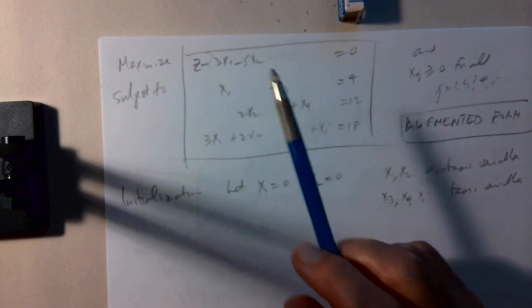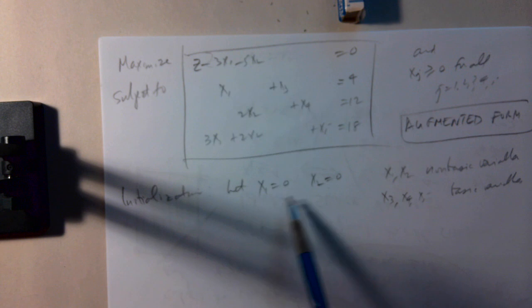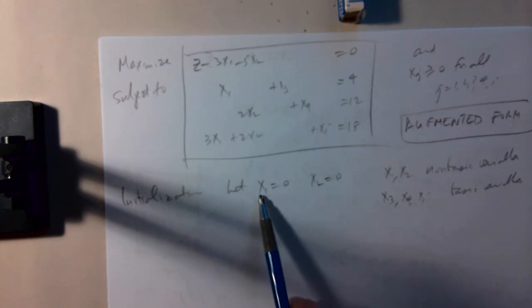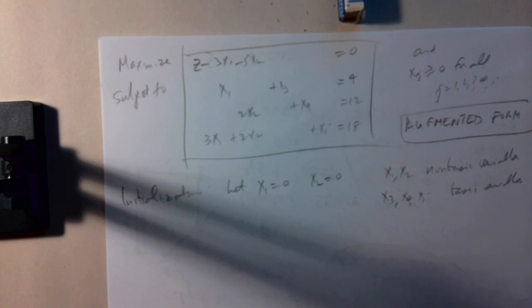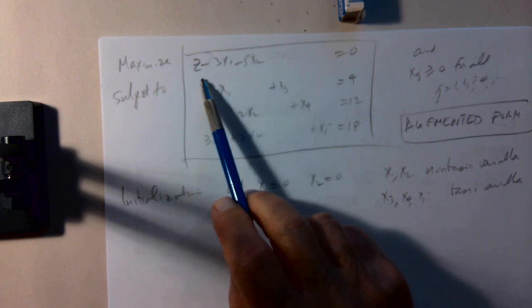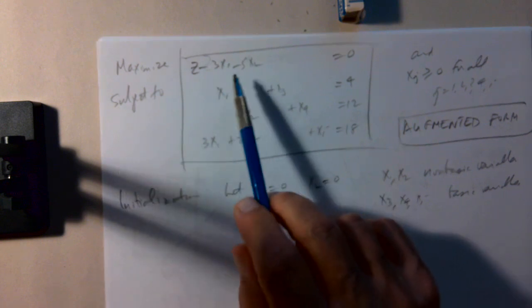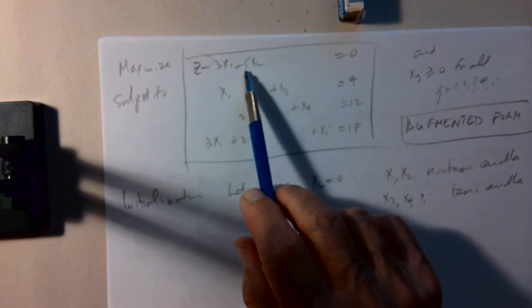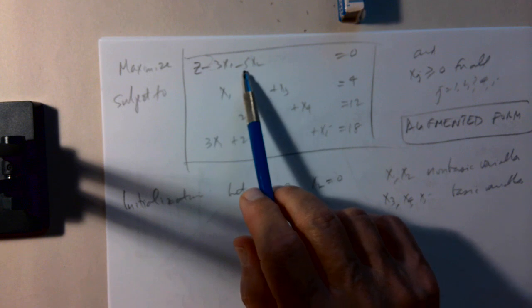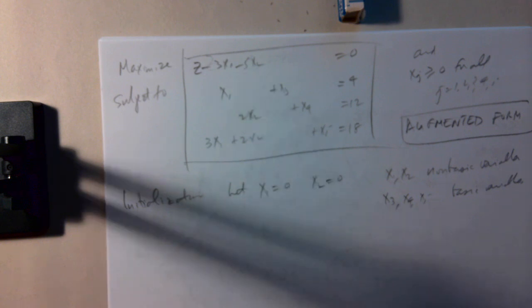So we're going to change one of these. We're going to make one of these non-zero to increase the objective function. So we have to choose either x1 or x2. If we look at the objective function, when I've written it like this, the coefficients are -3 and -5. If you look at the negative coefficients, the one largest in absolute value is the coefficient of x2.